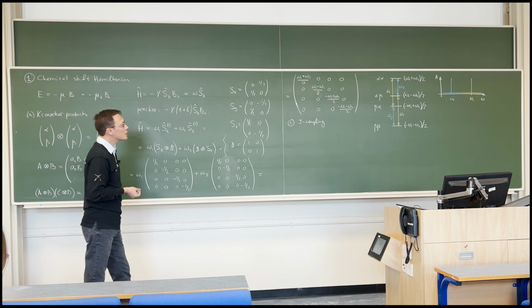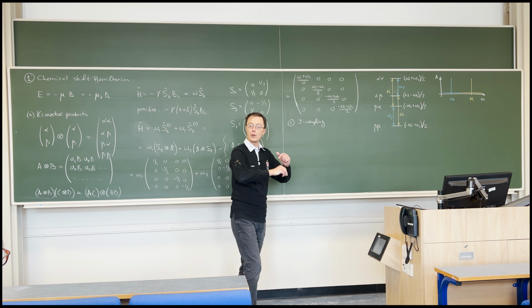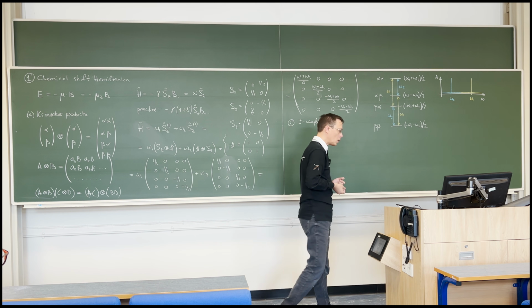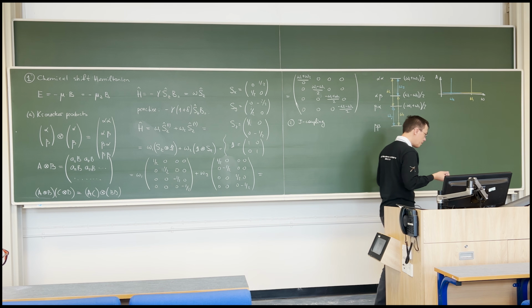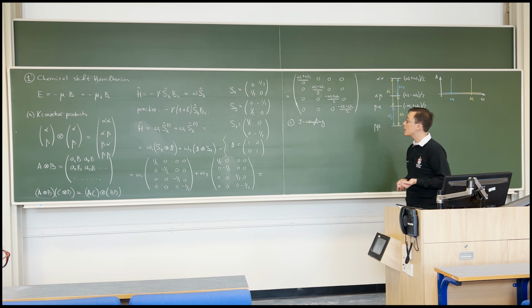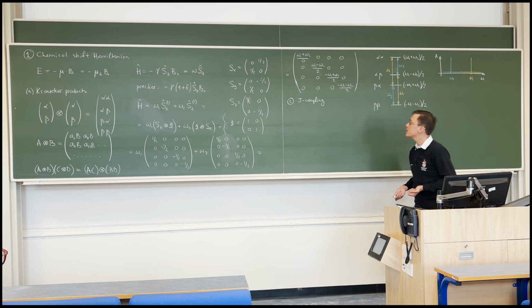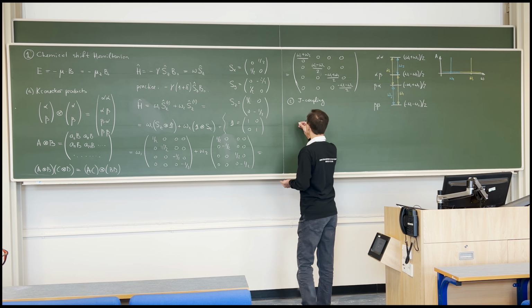J-coupling is a different beast. It is the nucleus interacting with the surrounding electrons, slightly polarizing them. I'm simplifying somewhat, but that's the general idea. And then that polarization propagates through the electronic structure and interacts with the other nucleus. So this is an indirect interaction through the electronic structure. And it has a relatively simple form.